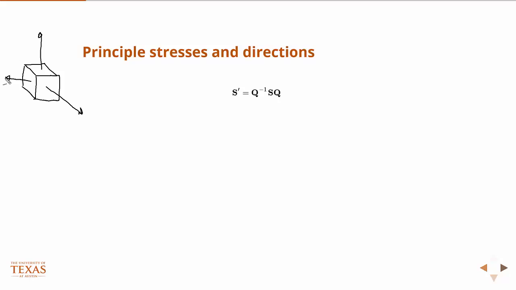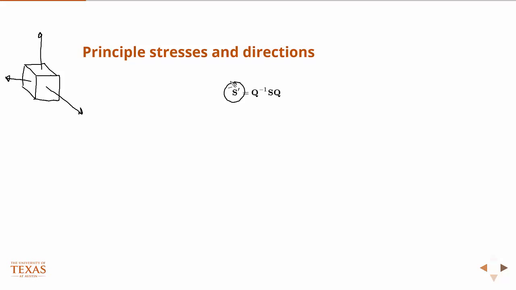Well, it turns out that that particular choice of coordinate system is called the principal directions, okay? And those principal directions are the eigenvectors of the stress tensor. And what's left when you use those to diagonalize the stress tensor, this S prime, is the principal stresses.